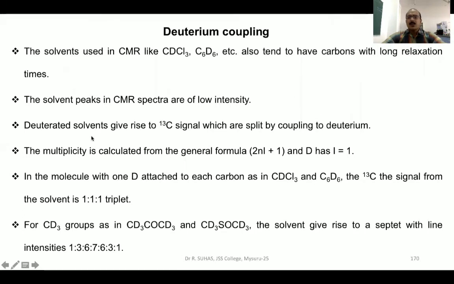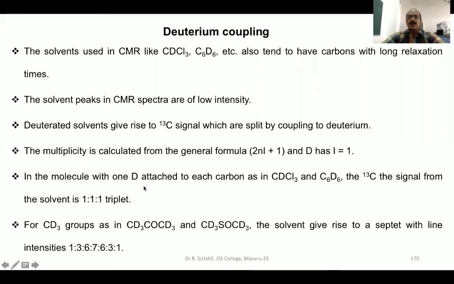So deuterated solvents will also give rise to C13 NMR signals, which are split by coupling with the deuterium, because deuterium also has a spin quantum number I. The multiplicity resulting from the solvent can be calculated by the general formula 2nI plus 1, where n is the number of deuteriums and I for deuterium is 1. So 2nI plus 1 is the general formula to calculate the multiplicity of the solvent. We will see how we can do that.